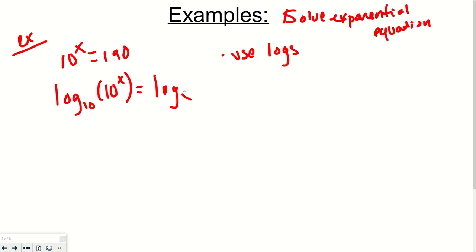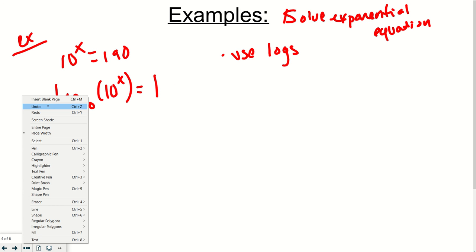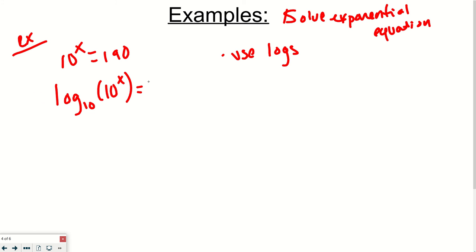So log base 10 of 190. Mind you, you're going to have your calculators with you, so you'll be okay with this. Don't forget I gave you a link on Google Classroom for this.